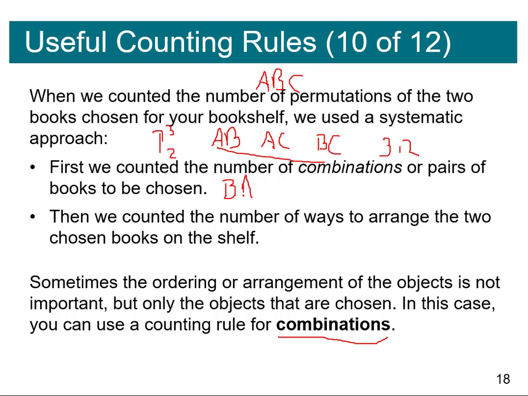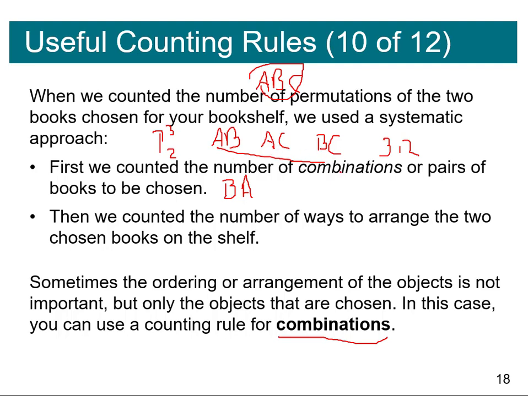You just want to know how many ways you can choose the books, not what order you put them in. So then you wouldn't count 6. You wouldn't say there are 6 different ways to select 2 books from the 3. You would just say, well, I could choose books A and B, or books A and C, or books B and C.